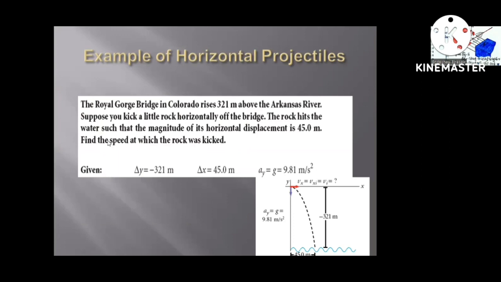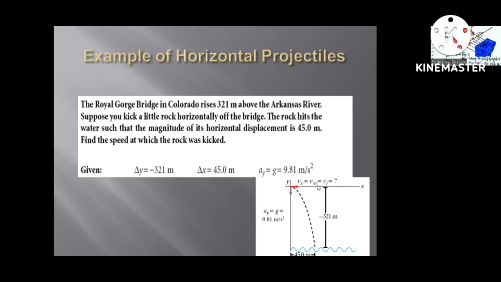Here there is a vertical displacement and a horizontal range, which is 45 meters. Therefore, change in y equals minus 321 meters, change in x equals 45 meters, ay is given already, but ax is 0.